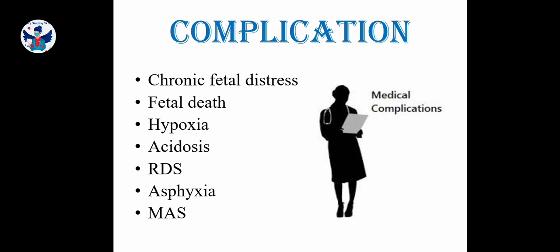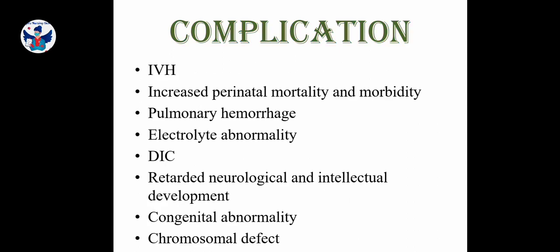Next, complications. IUGR will face a number of consequences. So the complications are chronic fetal distress, fetal death, hypoxia, acidosis, respiratory distress syndrome, asphyxia, then meconium aspiration syndrome, intraventricular hemorrhage, then increased perinatal mortality and morbidity, pulmonary hemorrhage, then electrolyte abnormalities, DIC, that is disseminated intravascular coagulation disorder or coagulopathy.